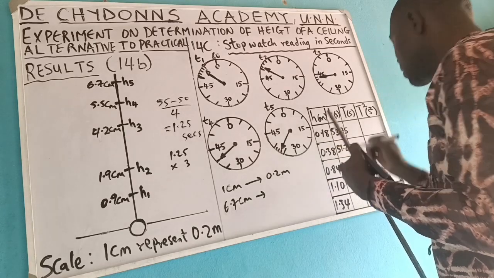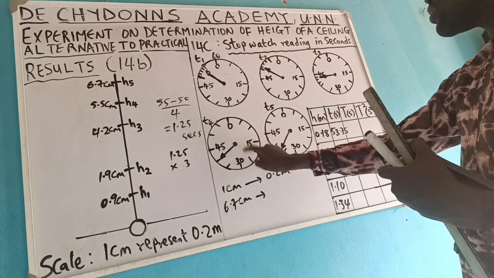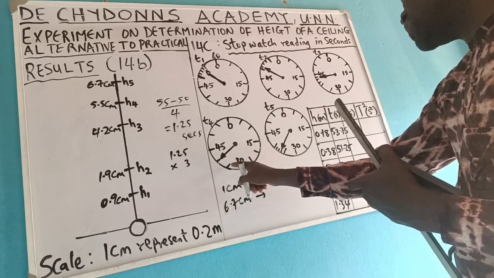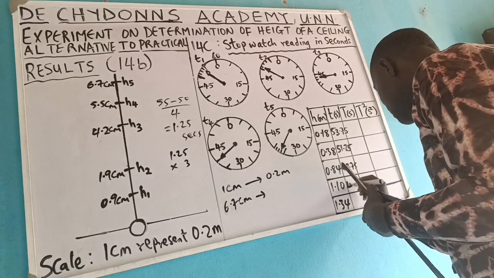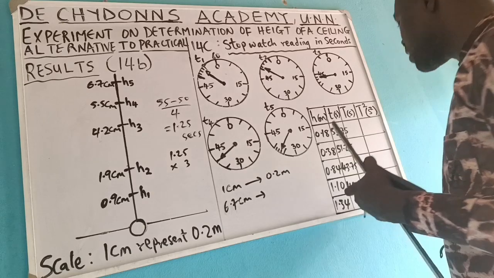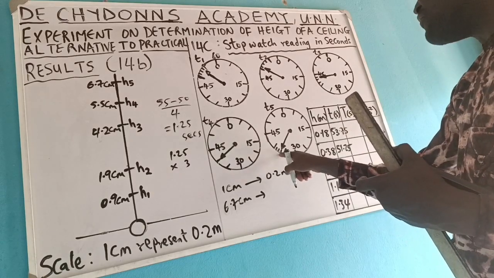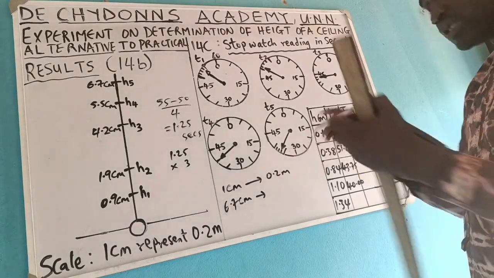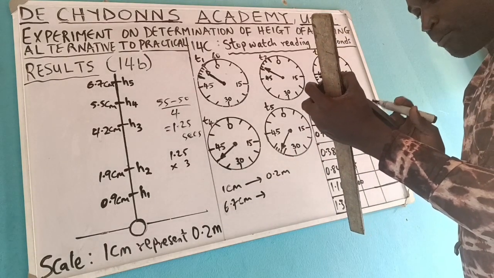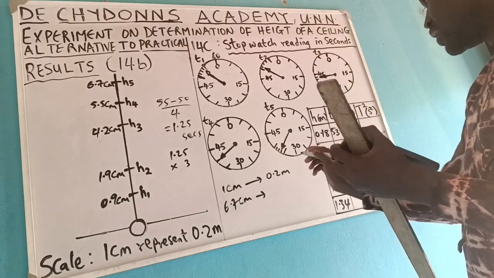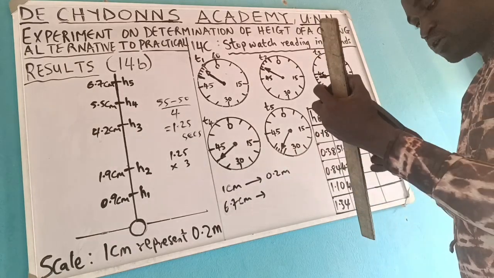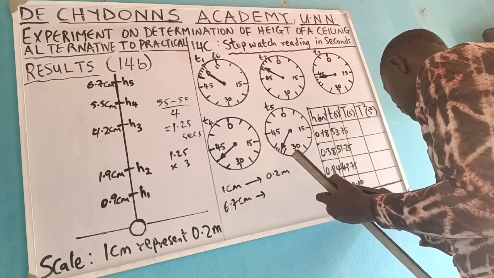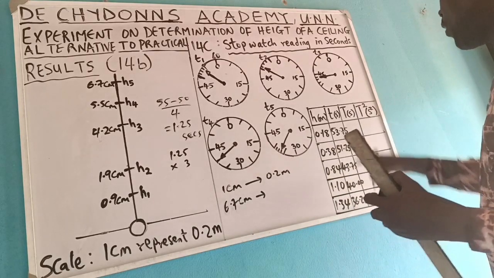Then the next one falls at 40, so 40.00. Then the next one falls at the first small line after 35. You say 35 plus 1.25, because it is only 1 after 35, so that gives 36.25. Then we have gotten our T.